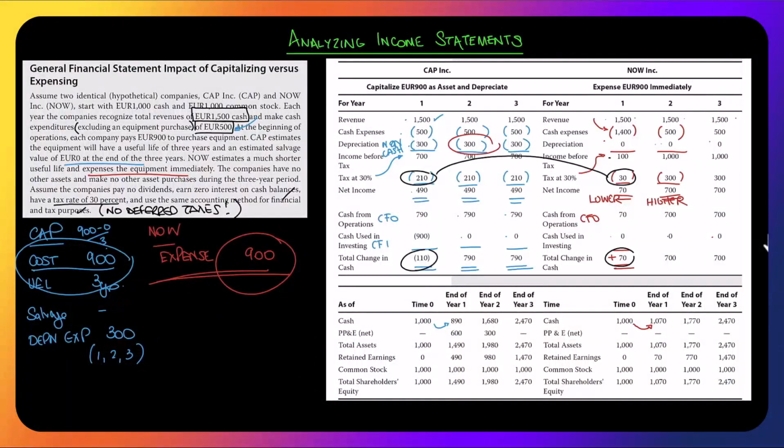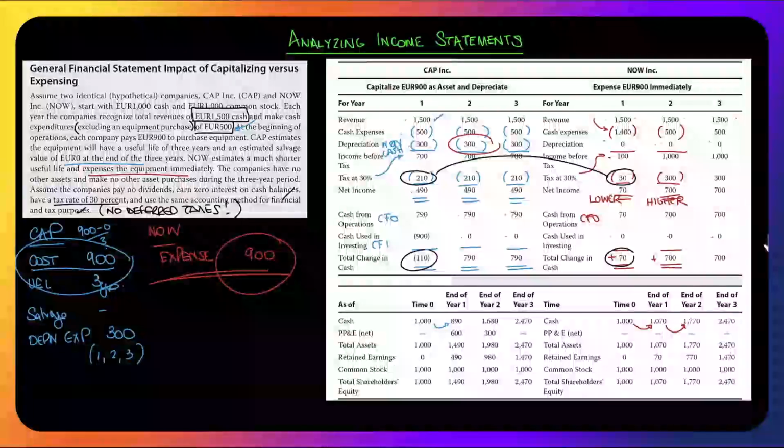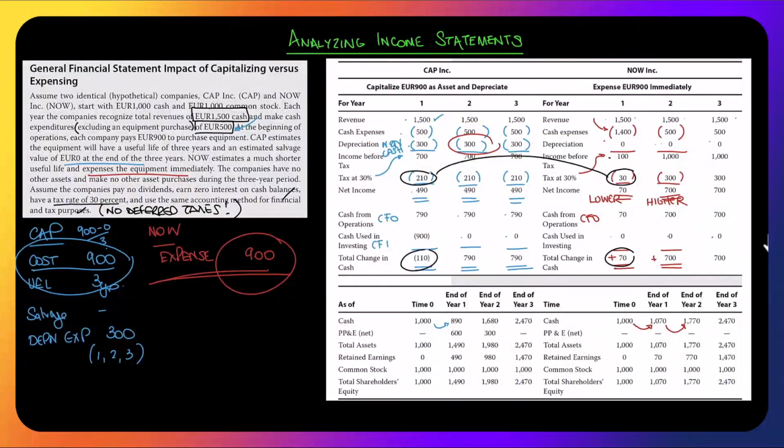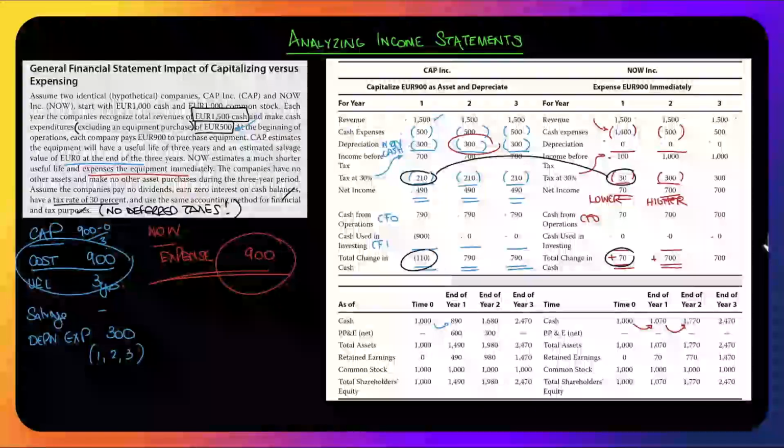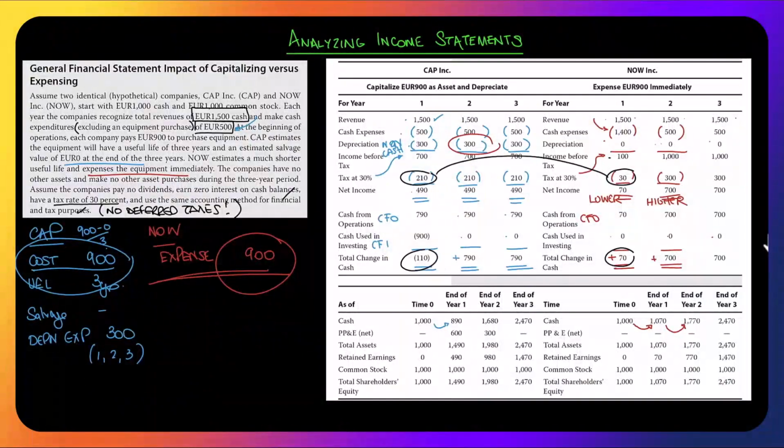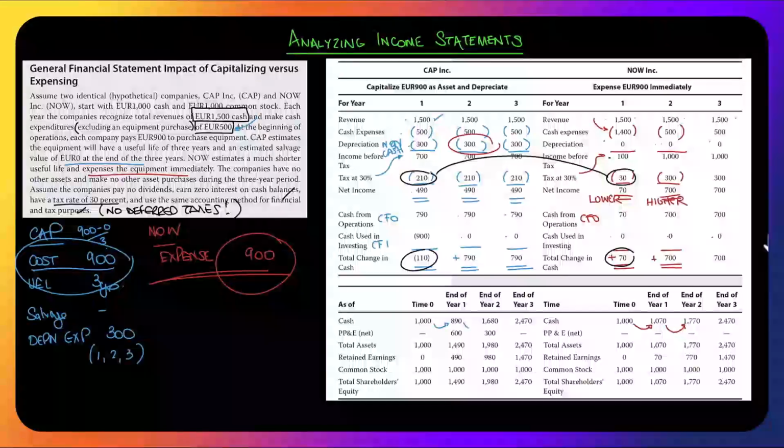Cash flows, again, no non-cash, so it's 700, no CFI, 700. We get a boost to cash of 700, takes us up to 1,770. What happened to cap? 790 CFO, no CFI, a boost to cash of 790, takes us on the balance sheet up to 1,680.